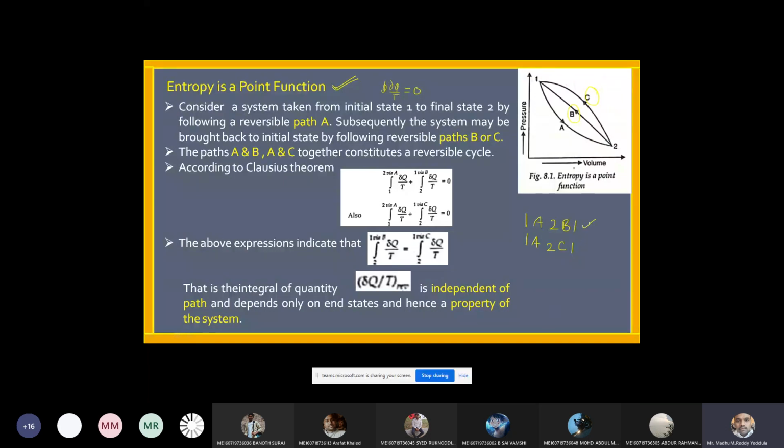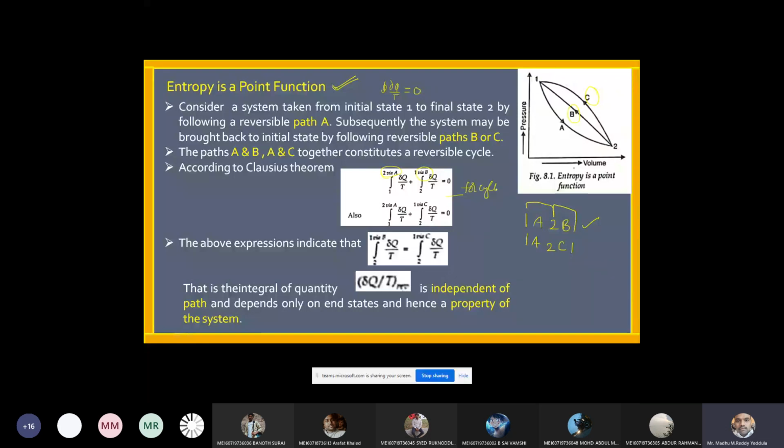Let us consider the first cycle 1A2B1. 1A2 is one process, 2B1 is another process. Therefore I can write the integral from 1 to 2 via A of dQ/T plus the integral from 2 to 1 via B of dQ/T is equal to 0. This is for a cyclic process.